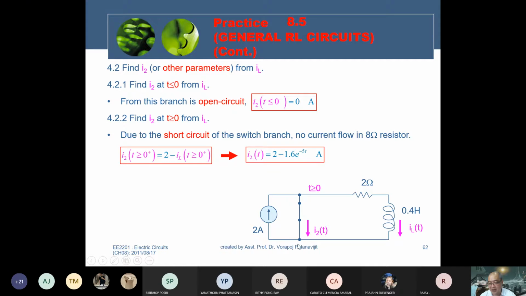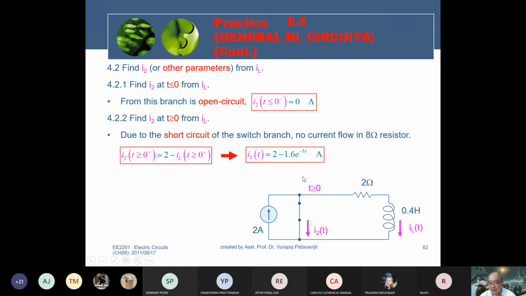Therefore, at this point, you can write I2 in the form where one part is comprised of the 2 amp source, and another part comes from IL. Therefore, in this case, at this node, I2 equals 2 subtract IL.